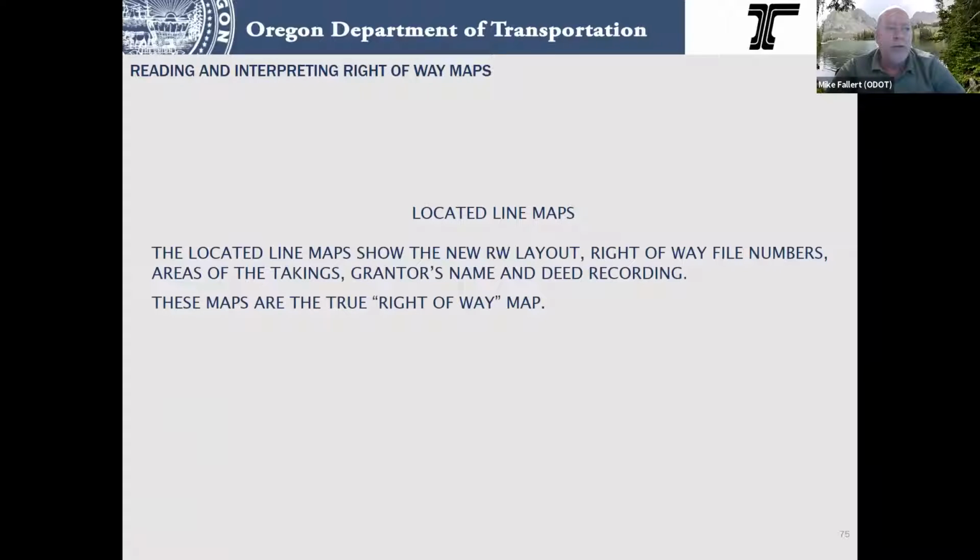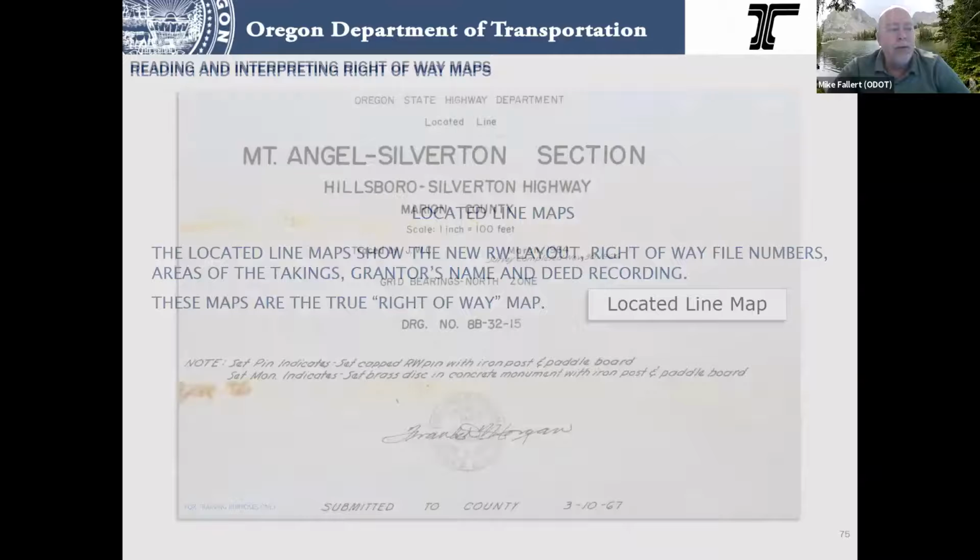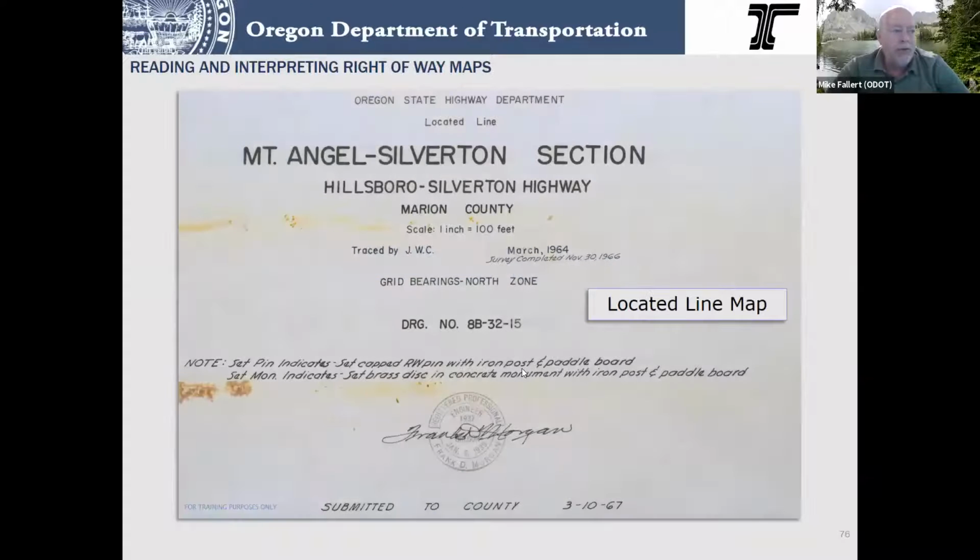Your located line maps will show the new right-of-way layout, file numbers, and they're really the true right-of-way map. Now, you're going to see this here, and don't beat me up. This was a stamped map. The reason it was stamped is because a surveyor sent the crews out, and they actually put monuments in the ground and filed this as their survey.